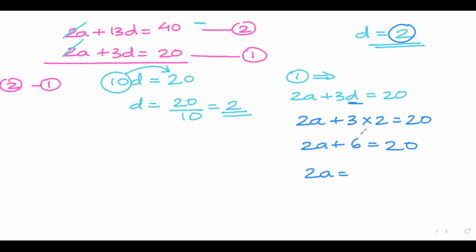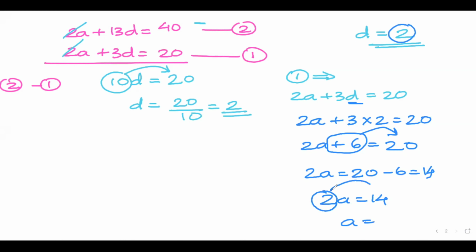When this plus 6 is taken to the other side, it will become negative. So 2a is 20 minus 6, that is 14. So a is 14 by 2, that is 7. So we got the first term as 7 and common difference as 2.